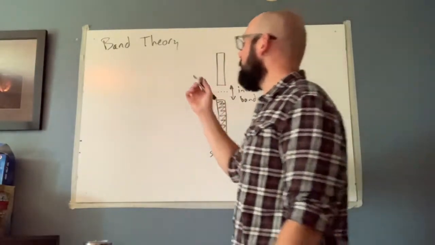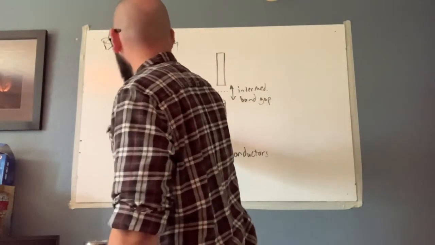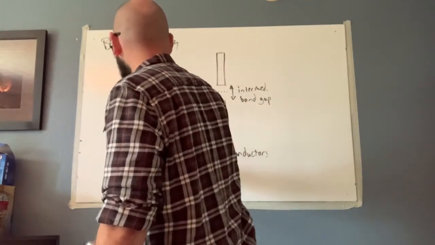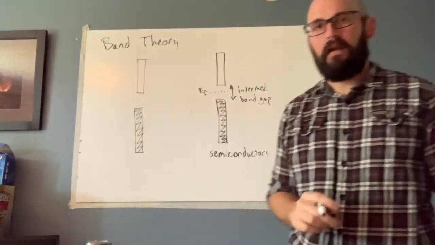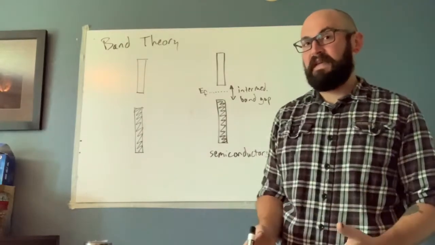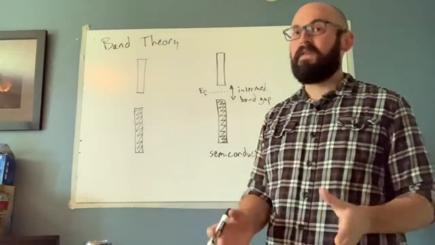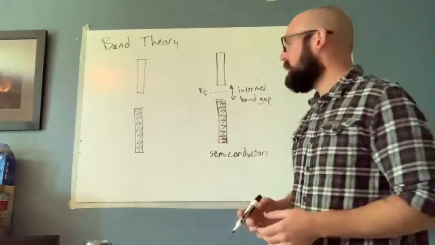So in n-doped semiconductors, we're going to add a little bit of an impurity of generally a group 15 element. Our intrinsic semiconductors are necessarily going to be group 14 elements. Silicon obviously is the most common that you encounter.